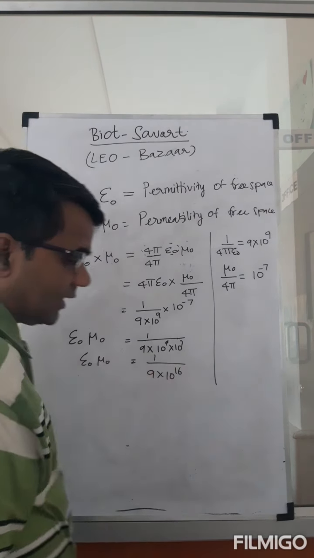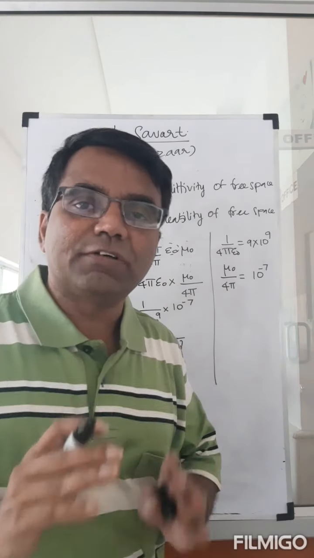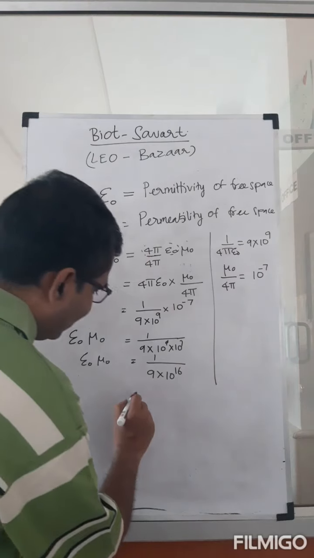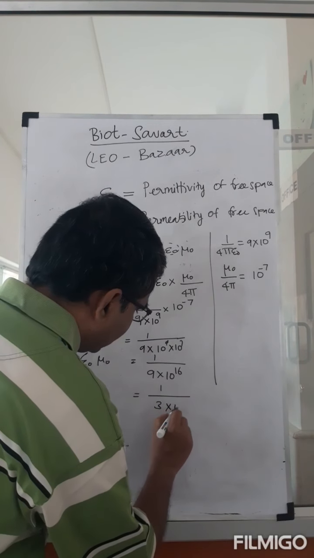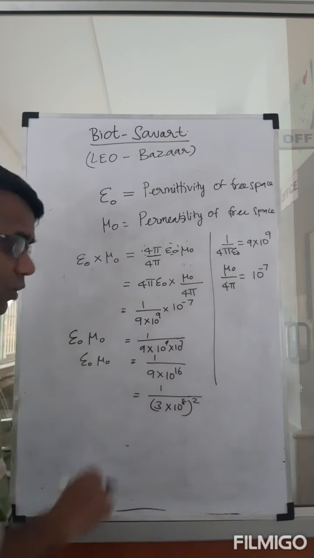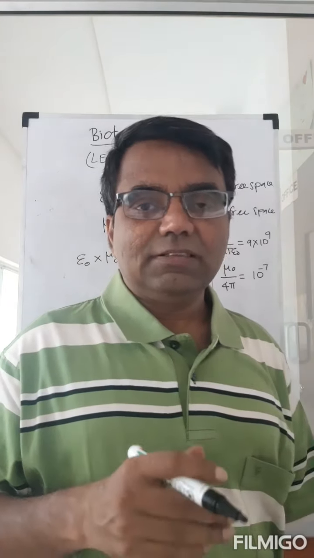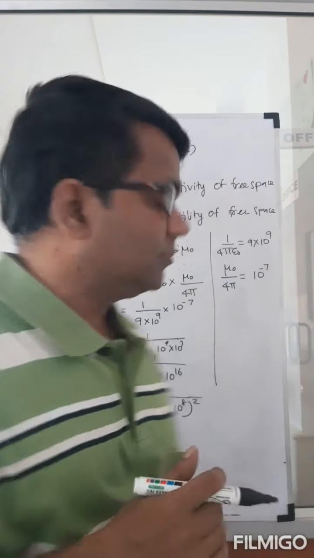But notice here 9 into 10 to the power 16 is 3 into 10 power 8 the whole square, equal to 1 by 3 into 10 power 8 the whole square. But what is 3 into 10 power 8? That number is actually the speed of light.